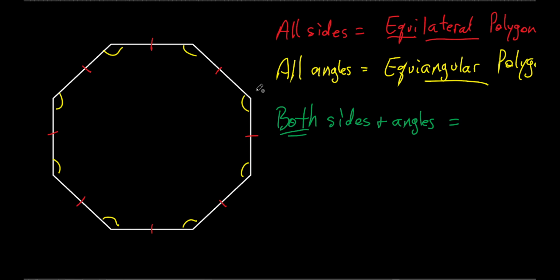So all the sides are equal to each other and all the angles are equal to each other. That's what I mean by both. We have a name for that, and we call that a regular polygon. That's important. It's later on, not in this chapter, but we will study this, so you need to know this a little bit later because we're going to talk about a regular polygon.